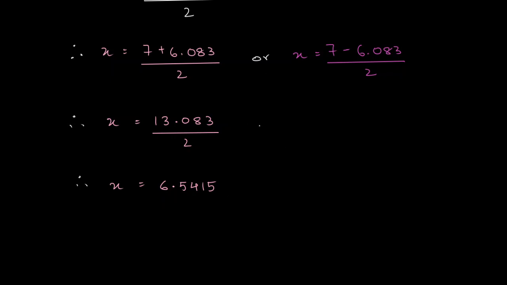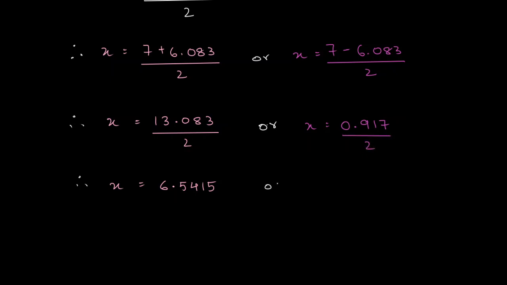Now for the second value, x is 7 minus 6.083, which is 0.917, divided by 2.